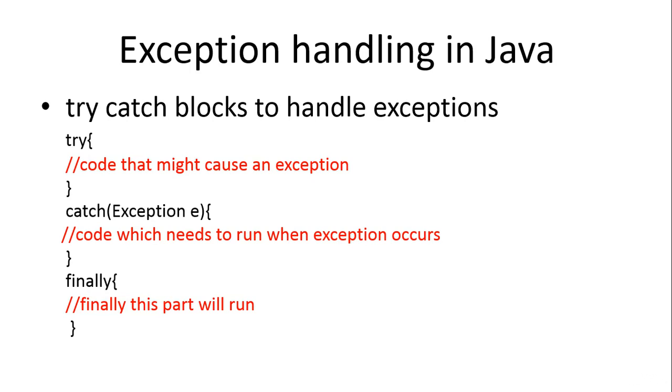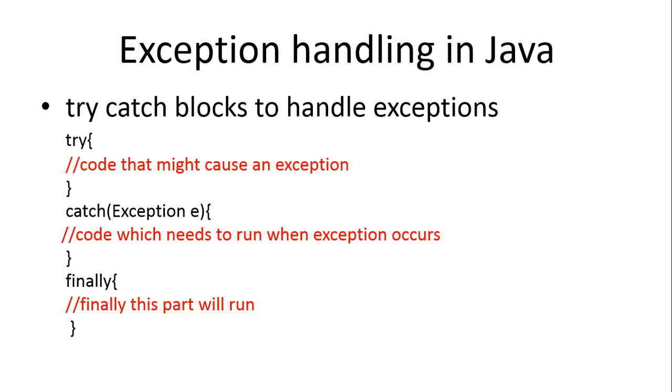Inside the catch block we have code which needs to run when an exception occurs. After the catch block we have the finally block. Whether there's an exception or not, this part will run.